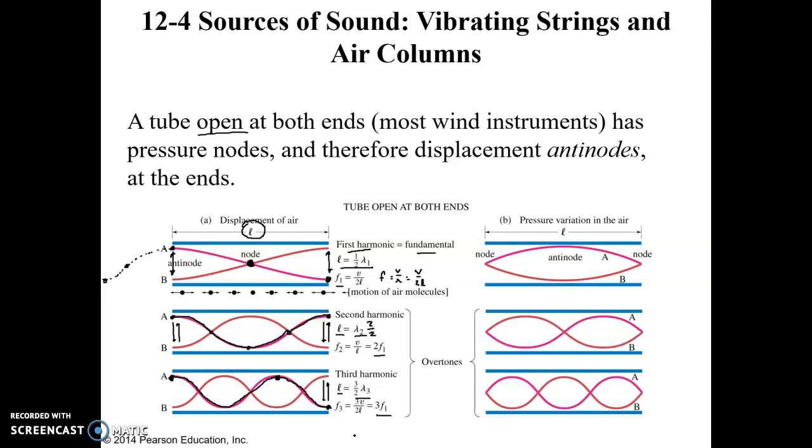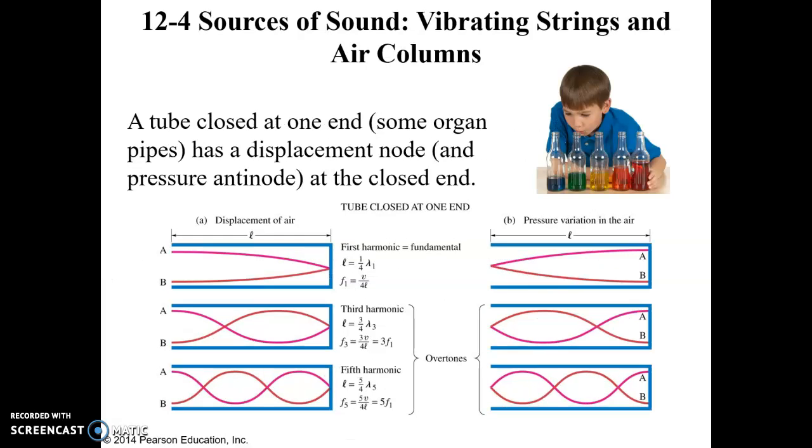The next one, if we were to do another one down here, would be 2 times the wavelength equals the length of the tube. And the fourth harmonic frequency would equal 4 times the original fundamental frequency. So we've established a pattern here for open tubes, like flutes and clarinets and things like that.